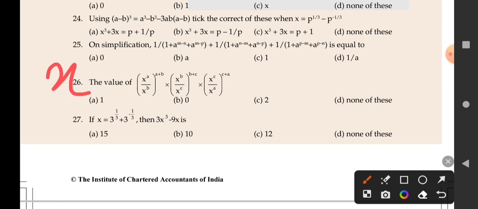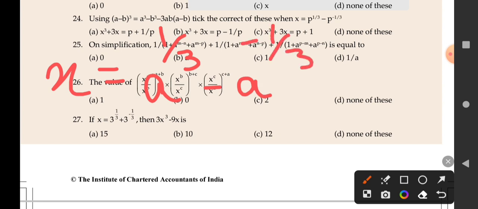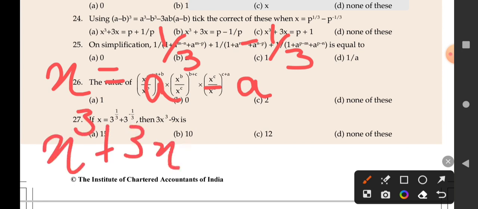When x is equal to p raised to 1 by 3 minus p raised to minus 1 by 3 is given, then x cube plus 3x will be p plus 1 by p.